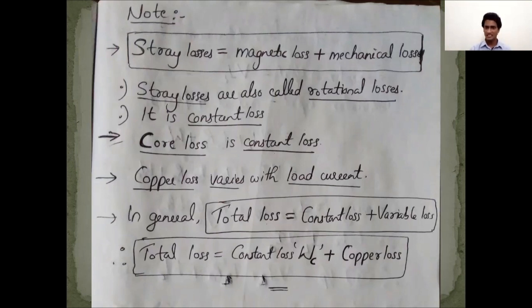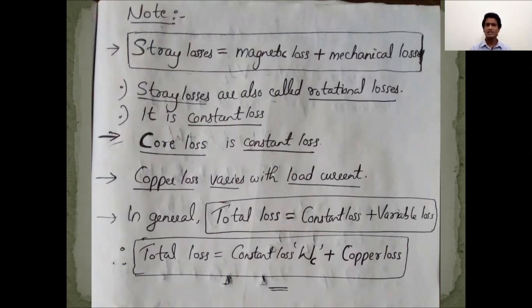But as I said before, copper loss always depends on the load current, especially the armature winding loss. Armature copper loss depends on the load current, and field copper loss is independent of load current in the case of a DC shunt machine, and field copper loss depends on the load current in the case of a DC series machine. All those points are already discussed.